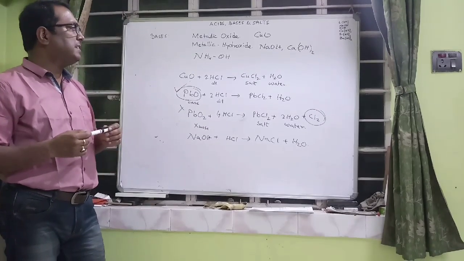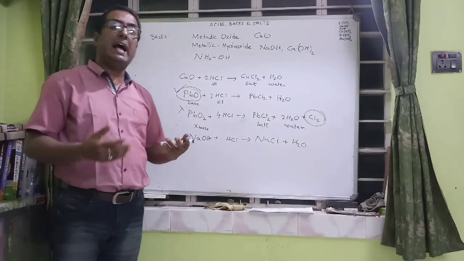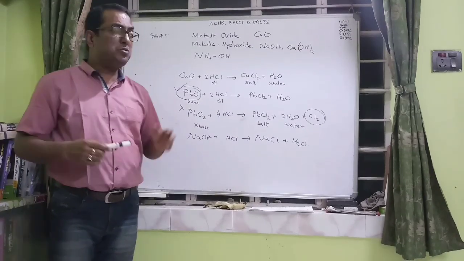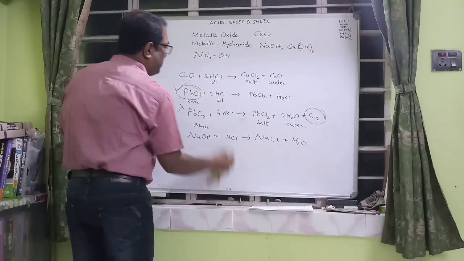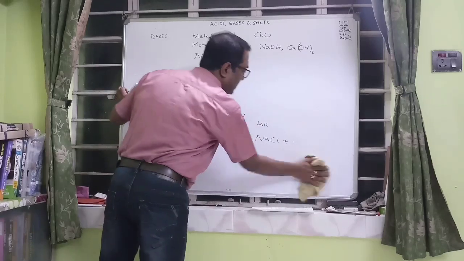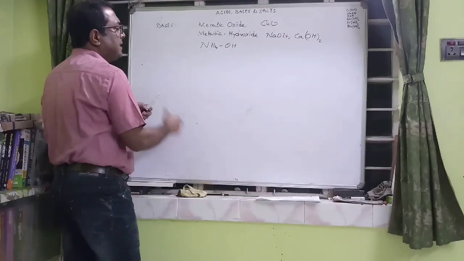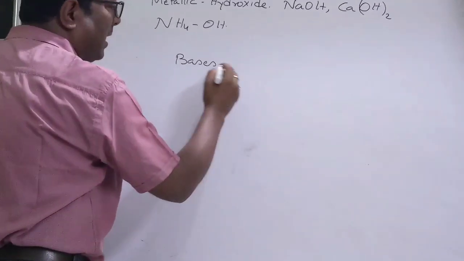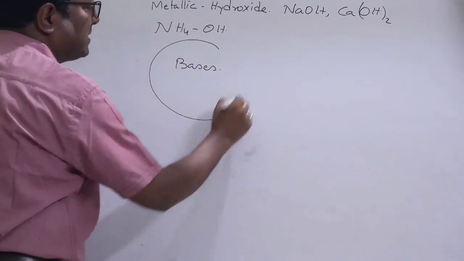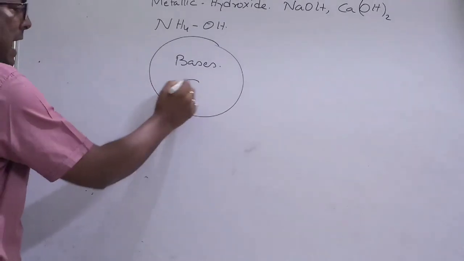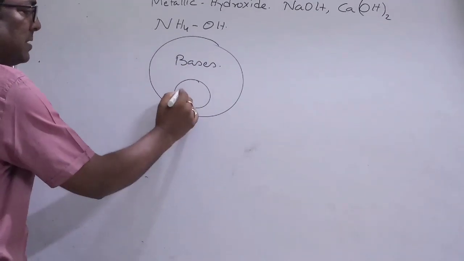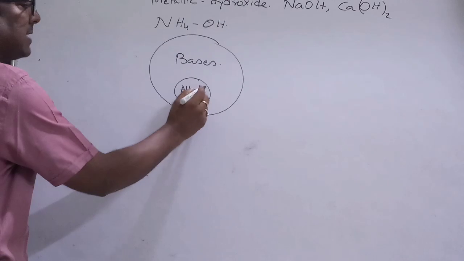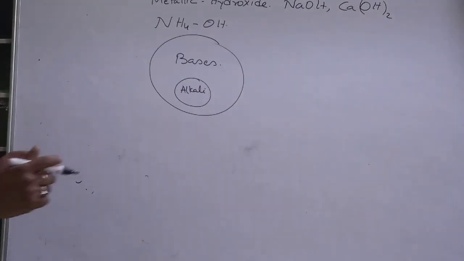Now, we have to distinguish between a base and an alkali. The bases which are soluble in water: if I take bases as a set, alkali is a subset of this base. Why?